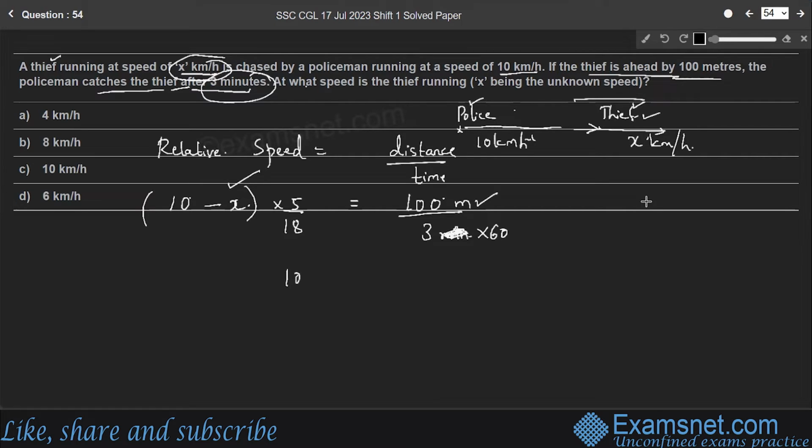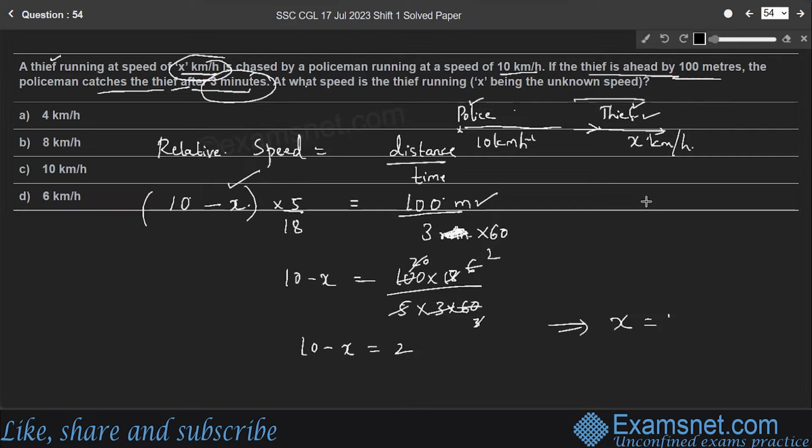So 10 minus x gives 100 into 18 by 5 into 3 into 60. So 5 into 20 is 100, 20 into 3, 3 into 6 and 3 into 2. So 10 minus x is 2. Therefore, value of x is equal to 10 minus 2, which is 8. The unit of x is kilometer per hour. So speed of the thief is 8 kilometer per hour. Option B is the right answer.